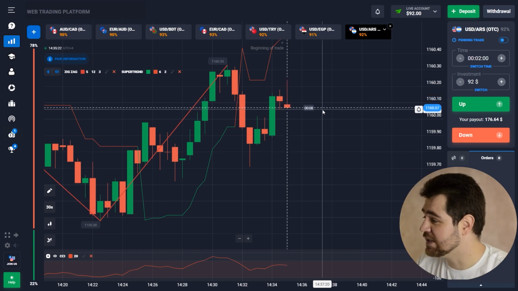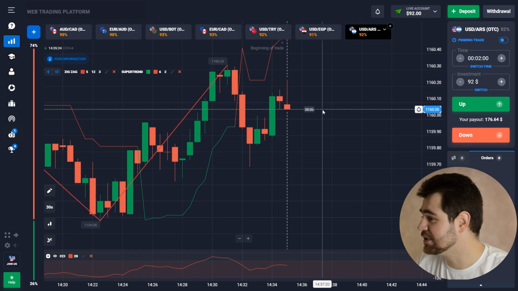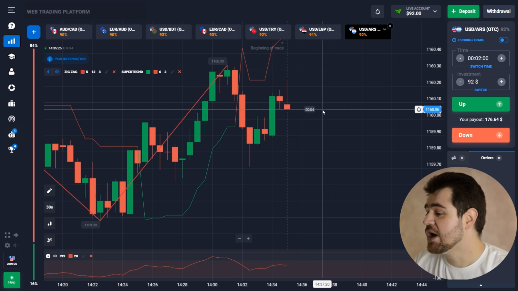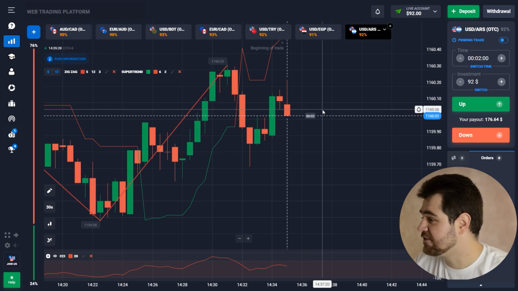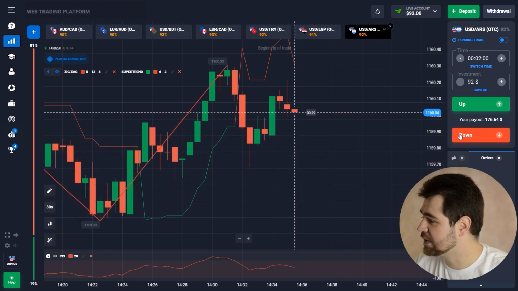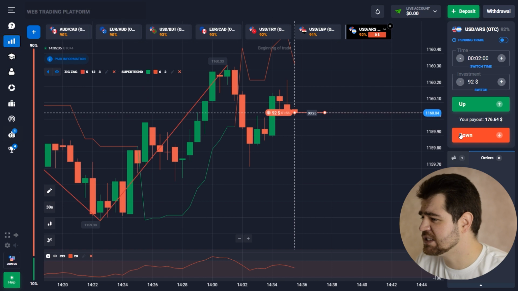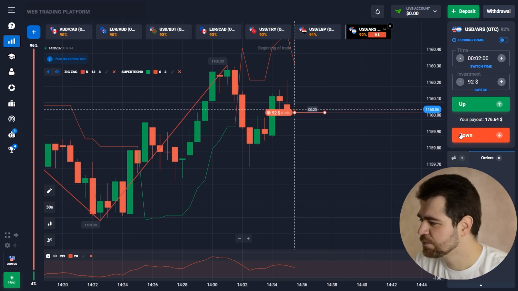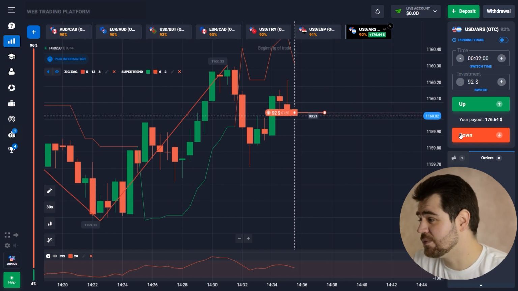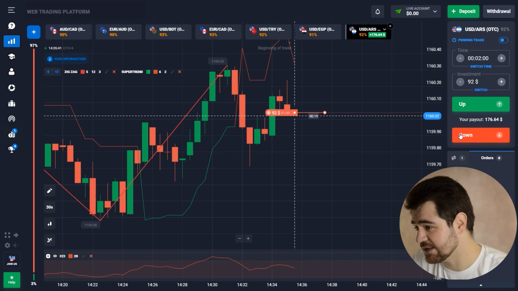Hey guys, we're gonna start today with $92 on the balance, and I'm gonna start with the first option. Let's have a look. Okay, we're gonna go ahead with a put option here. We see a huge pin from the red candle.